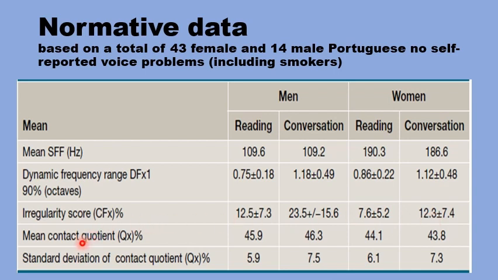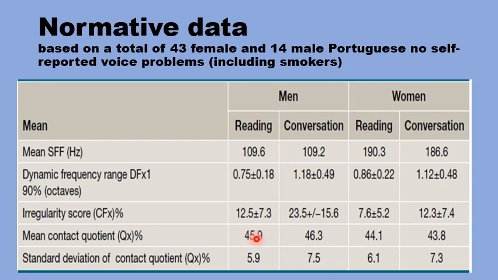The contact quotient percentage reflects the relative amount of time during which the vocal folds are in good contact during their glottal cycle, and it should be somewhere around 45%.